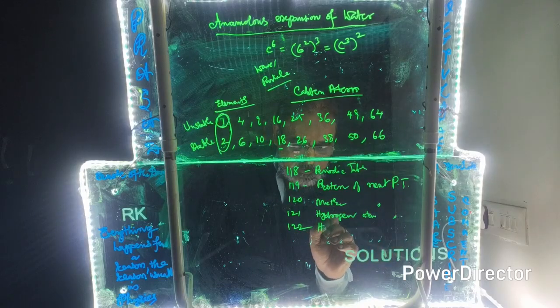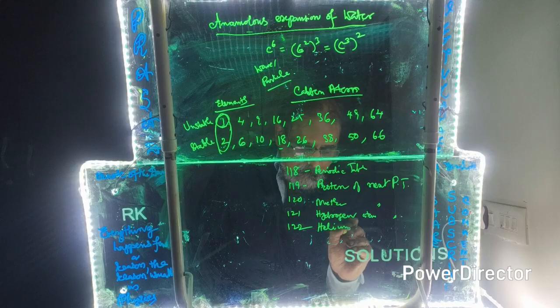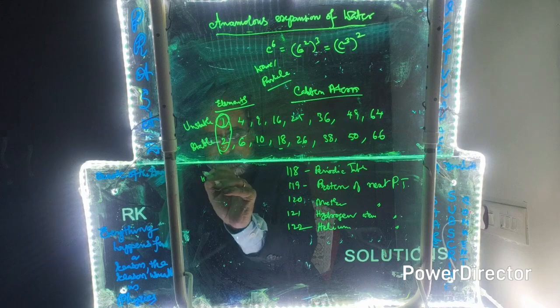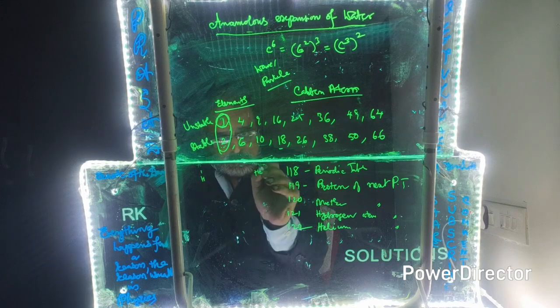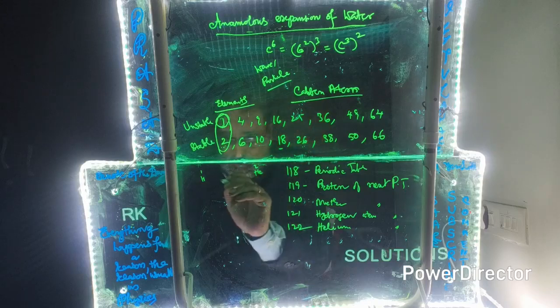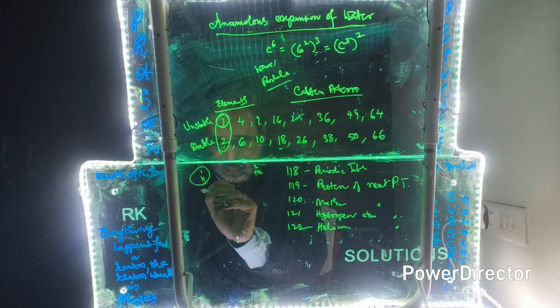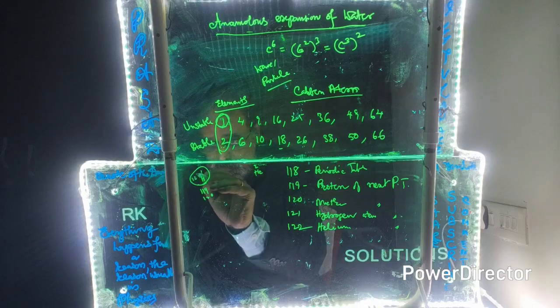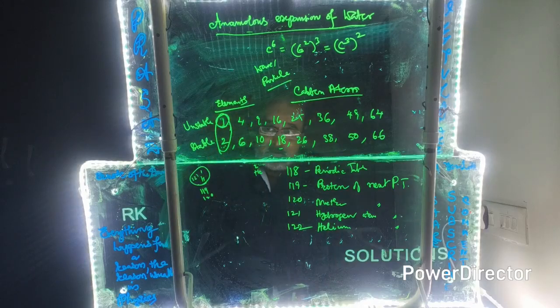This will be like helium of the next periodic table. So this hydrogen one becomes helium 2 to become stable. This hydrogen already has 119, 120, it is 121, right?